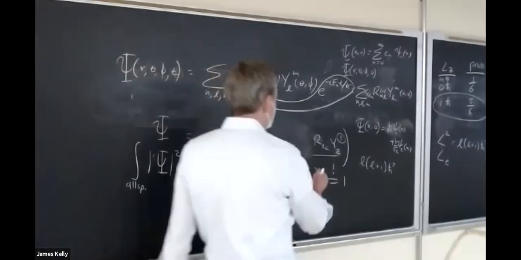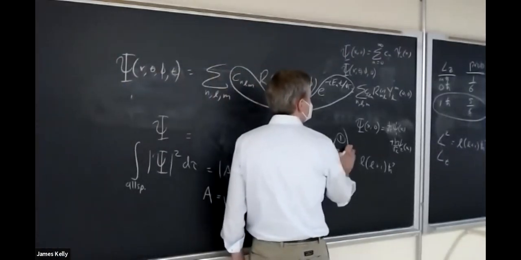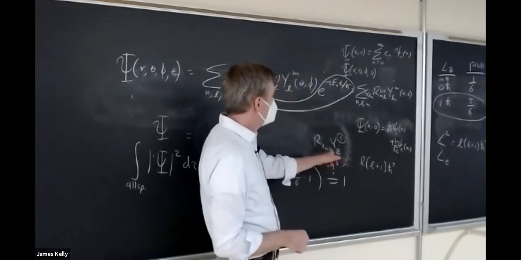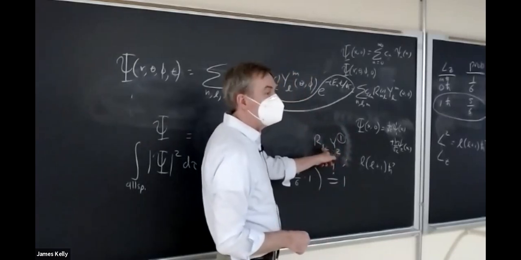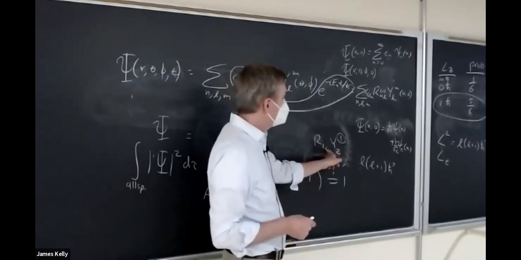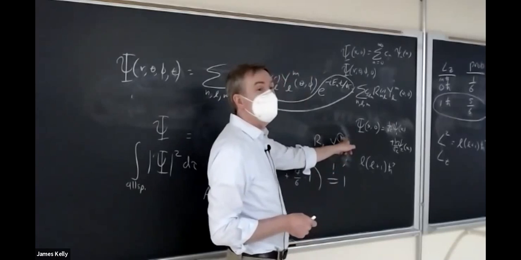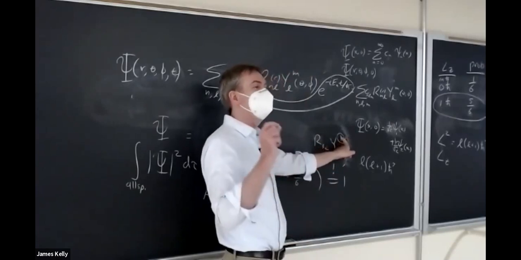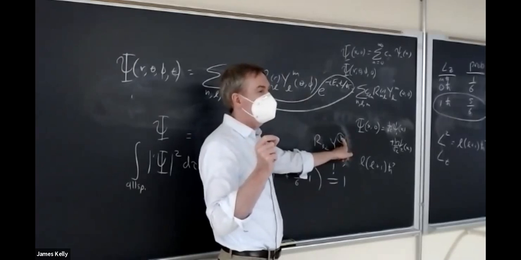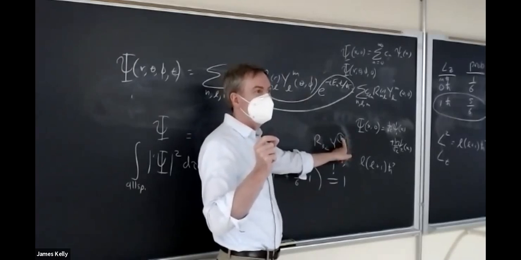So I think the implication is we're in this state. So we know the energy, we know the total angular momentum, squared or unsquared, and the z component of the angular momentum. But now we're going to measure Lx. What are the possible outcomes of an Lx measurement?